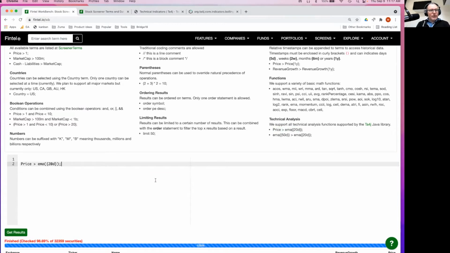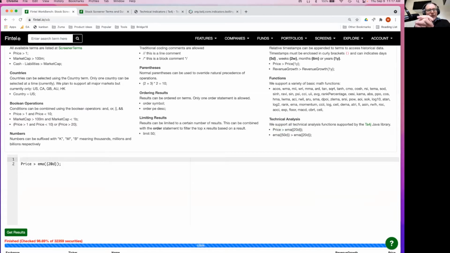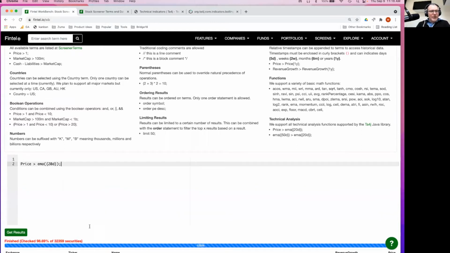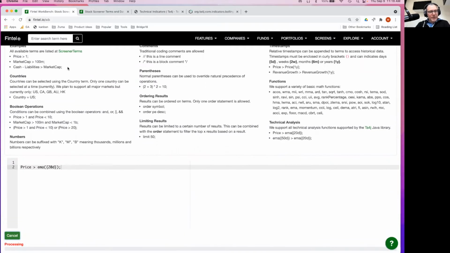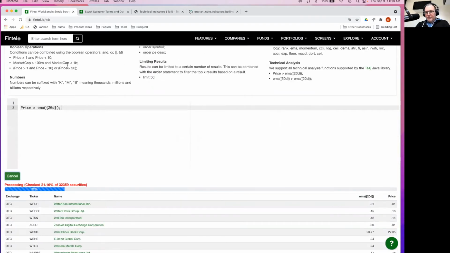So what this is going to do is it's going to find all the companies where the current price is greater than the 20-day EMA. So if I say get results here, this is getting the results.